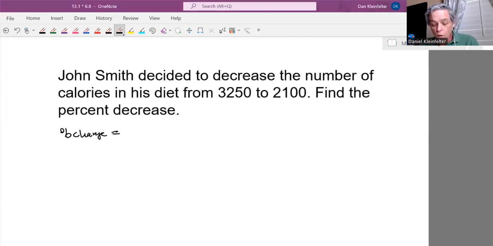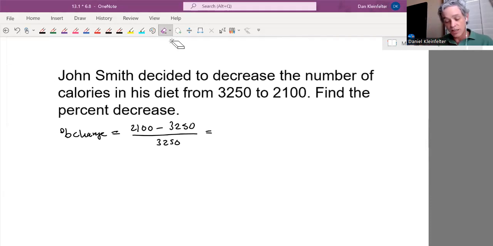Okay, so what his calories are now is 2,100. What they were was 3,250, divided again by what it was, which is 3,250. So they decreased by 1,150.